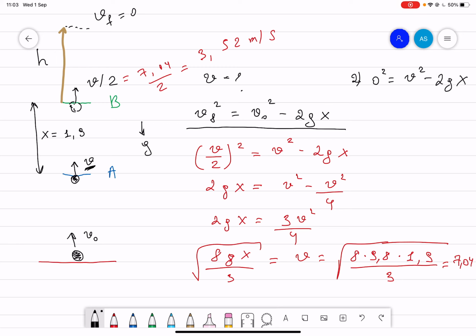So from here we have to find x, or in other words h, okay, in our case h. So that becomes v squared divided by 2g. So v is here, you plug in the v: 7.04 squared divided by 2 times 9.8. So that's it, I believe.